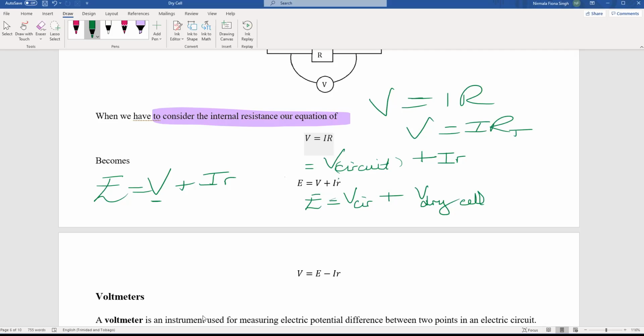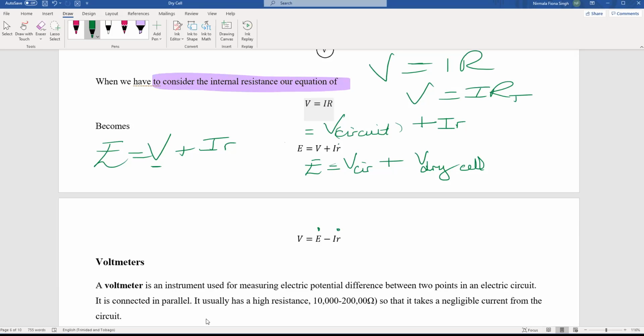If you want to work out the voltage produced in your circuit, it's going to be the EMF minus the little voltage of the battery itself, which is the current running through the resistance of the battery itself. All right, so please note your two equations. One is the result of the other. Any questions yet, guys? No questions?